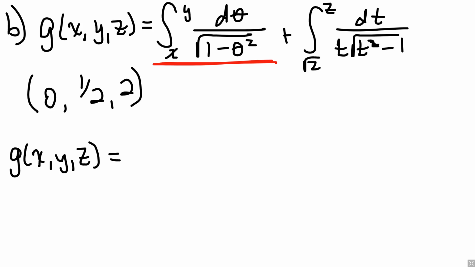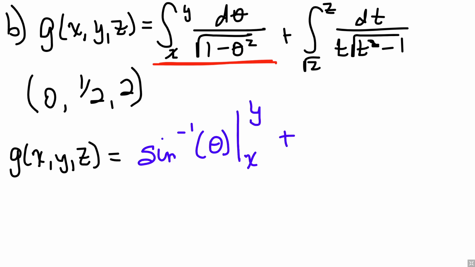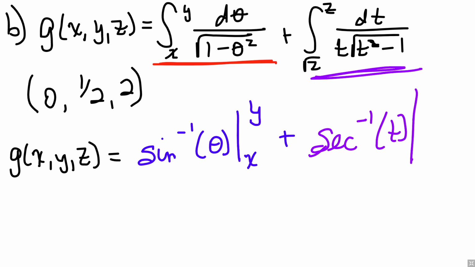Sine inverse. So we're going to have the sine inverse of theta, evaluated from x to y. Then plus. Now we need to integrate the second piece. What does the second piece integrate to? Secant inverse, right? So we're going to have the secant inverse of t, evaluated from the square root of 2 to z. Any questions there?